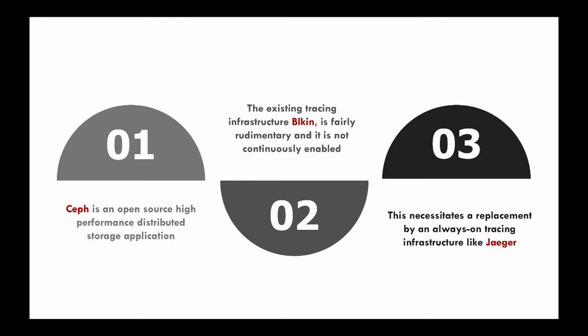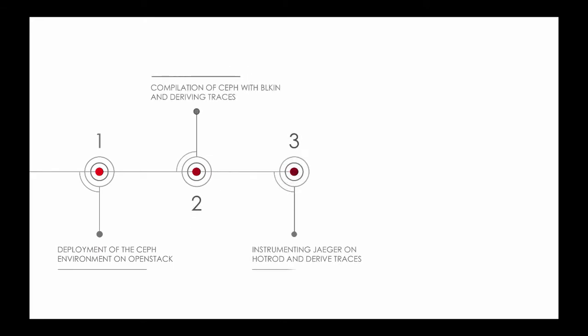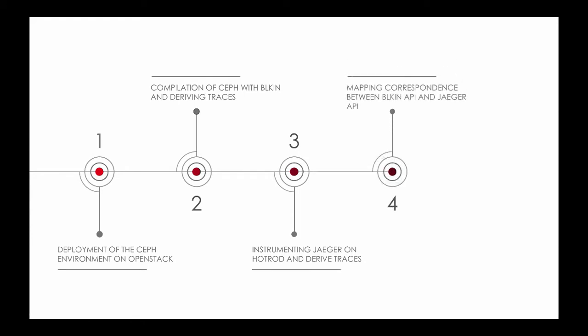To achieve this, we did the following. Firstly, we deployed Ceph on the OpenStack environment. Secondly, we compiled Ceph with Blkin and derived the Blkin traces. Third, we instrumented Jaeger on Hot R.O.D. and derived the Jaeger traces.